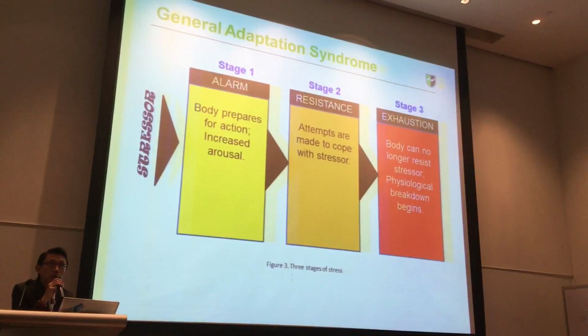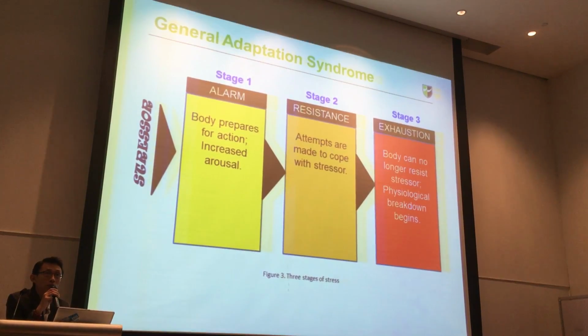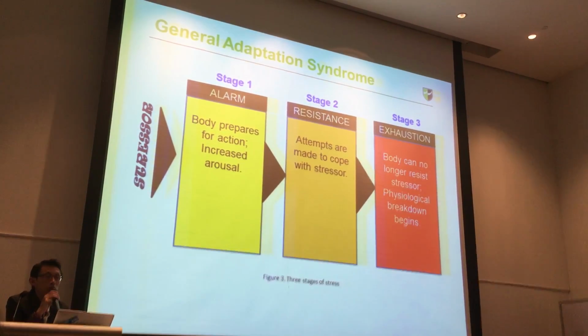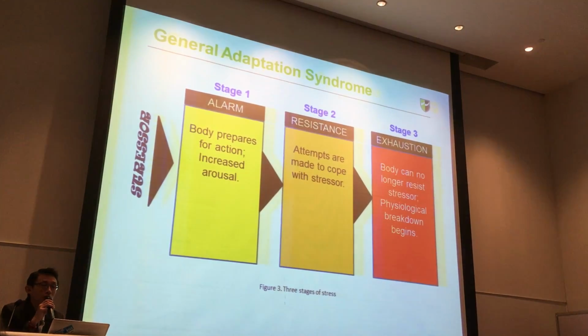General adaptation syndrome. This one, in the previous MSA, when I asked for the stress response curve, a lot of guys and girls actually gave me this instead. This is not the stress response curve. This is the general adaptation syndrome. So do know the difference between the 2.